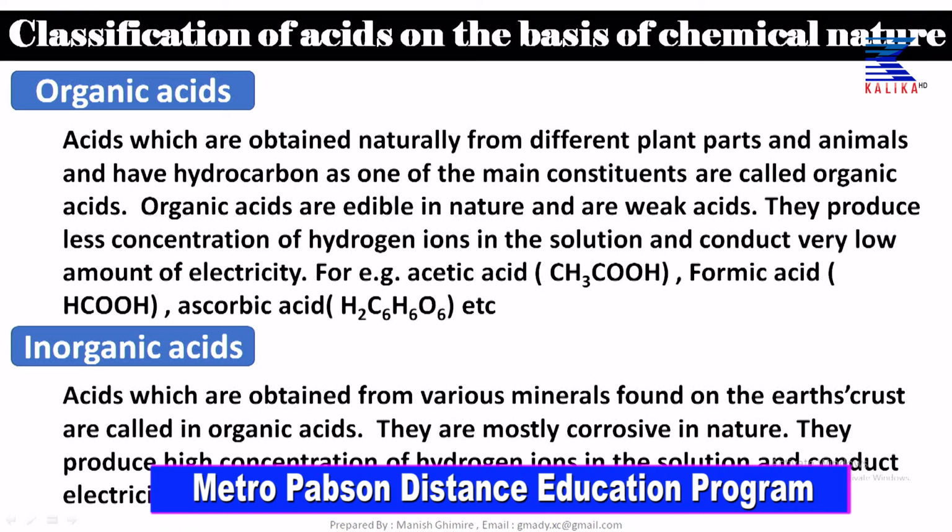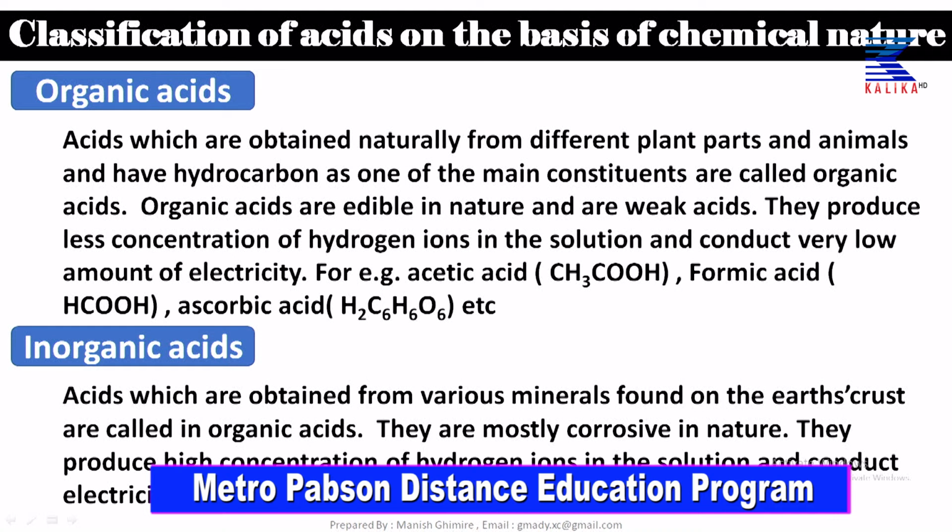Organic acids are those acids which are obtained naturally from different parts of plants and animals and have hydrocarbons as one of the main constituents. Hydrocarbon means hydrogen and carbon. In every organic compound, hydrogen and carbon are present as main constituent elements. So, this is the point you need to understand.